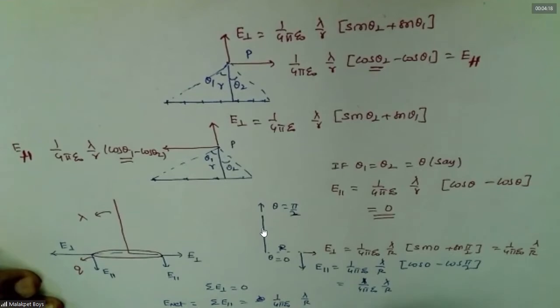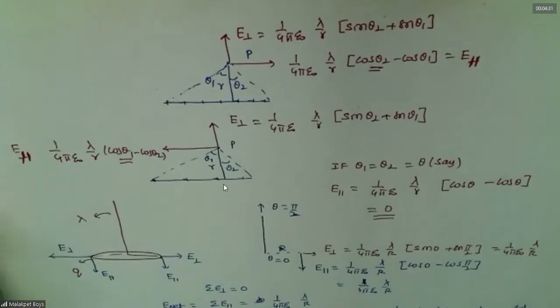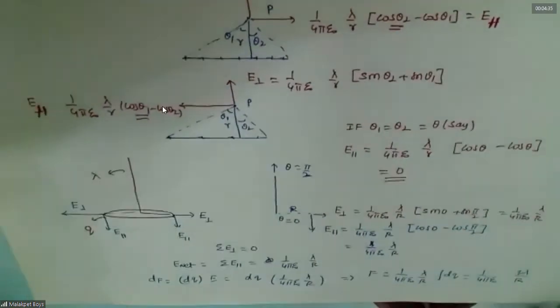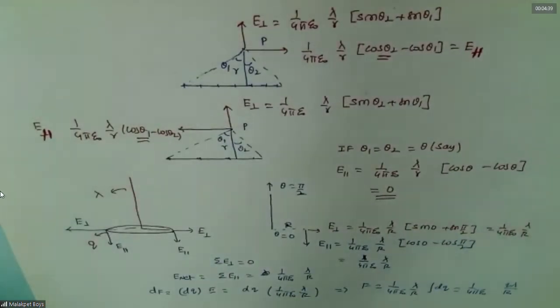F equals 1 by 4 pi epsilon naught lambda by R integral dq, which is 1 by 4 pi epsilon naught q lambda by R. Okay. Is it clear? Clear, sir.